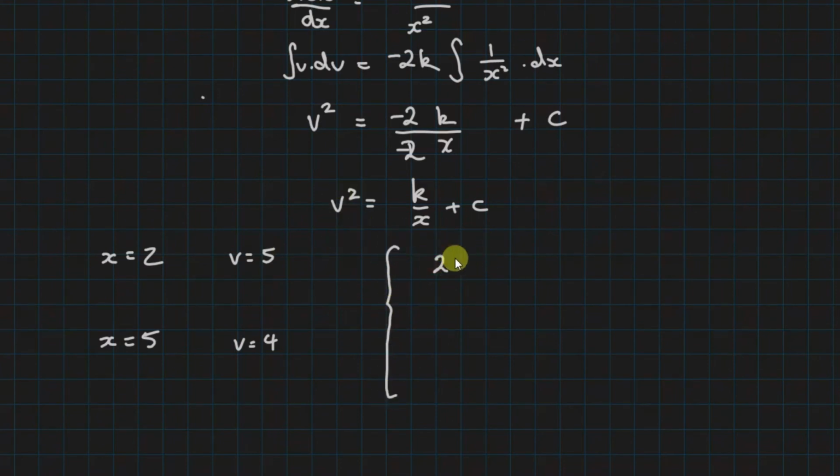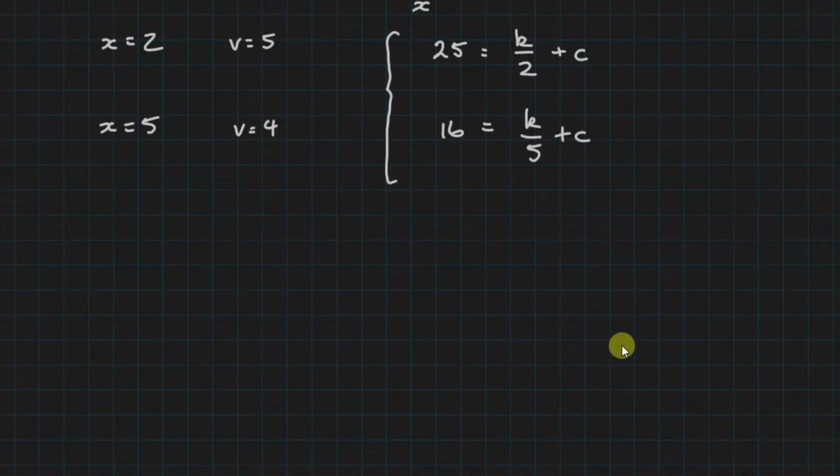I get 25 is equal to k over 2 plus c, and I get 16 is equal to k over 5 plus c. Subtract the two equations, and we get 9 equals k over 2 minus k over 5, common denominator, so we're going to get 5 minus 2 over 10.